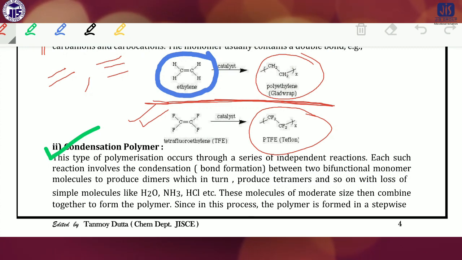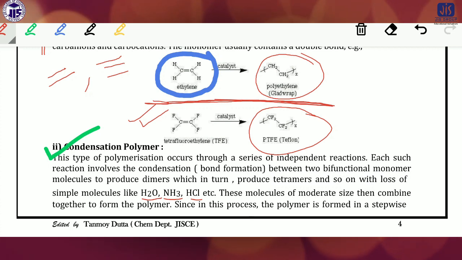After the reaction, some small molecules will be produced. In case of addition polymerization, there is no generation of such small molecules. But when such functional groups take part in the reaction, obviously some small molecules like H2O, NH3, HCl will be produced.